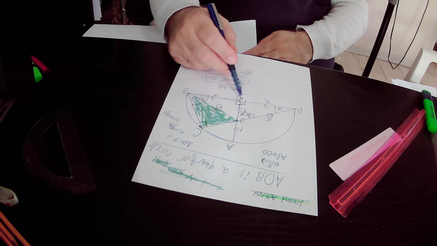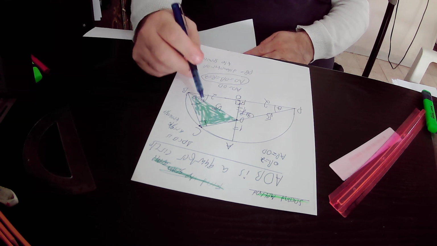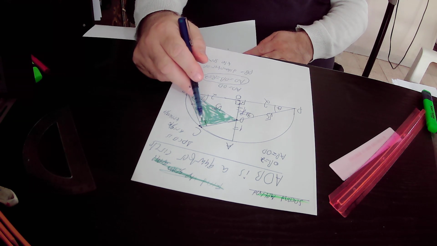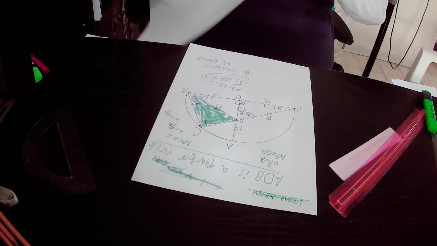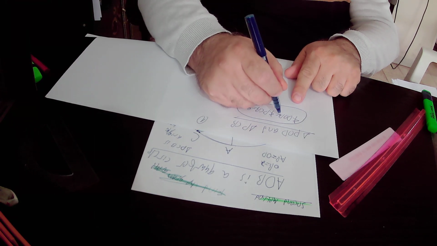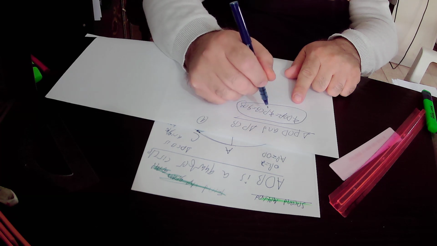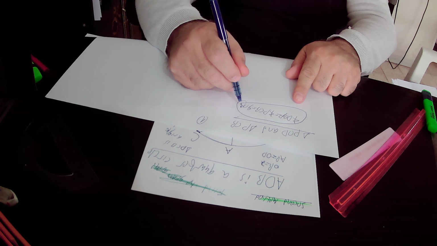So this is angle DOP, that is equal to this angle, angle PCB, and they are both equal to 90 degrees. Repeat again, angle DOP equals angle PCB, and they are both equal to 90 degrees, therefore they are equal to each other.